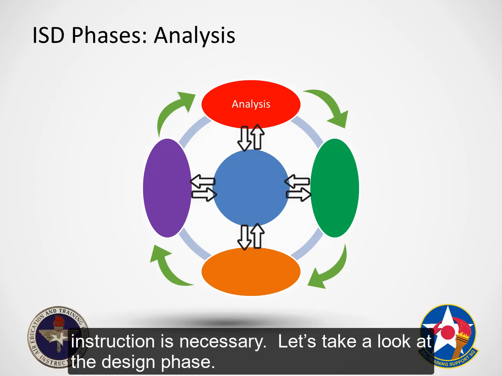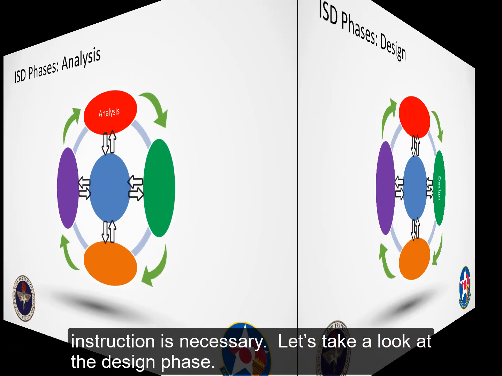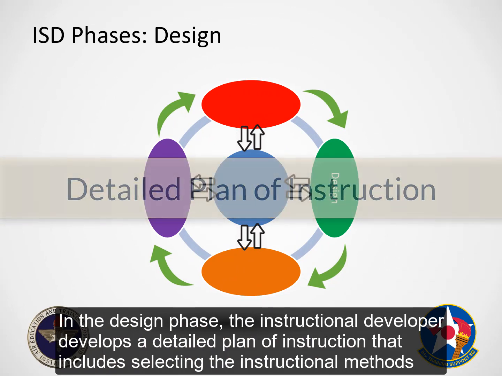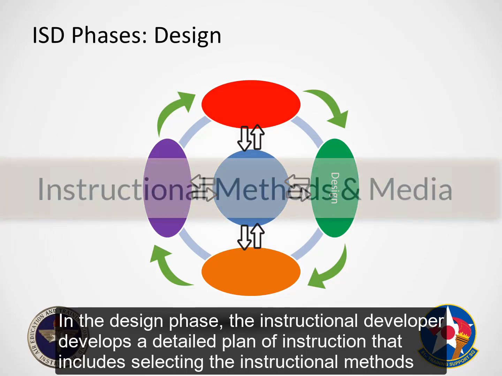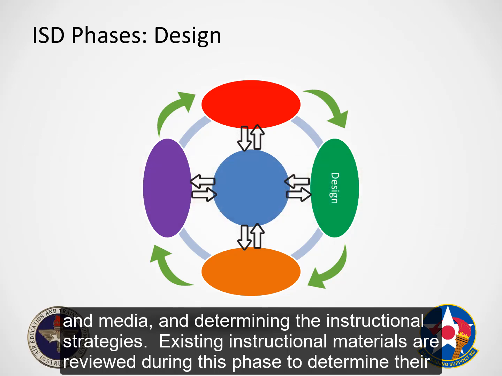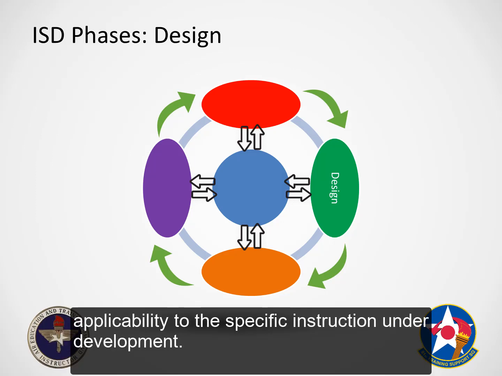Let's take a look at the design phase. In the design phase, the instructional developer develops a detailed plan of instruction that includes selecting the instructional methods and media and determining the instructional strategies. Existing instructional materials are reviewed during this phase to determine their applicability to the specific instruction under development.